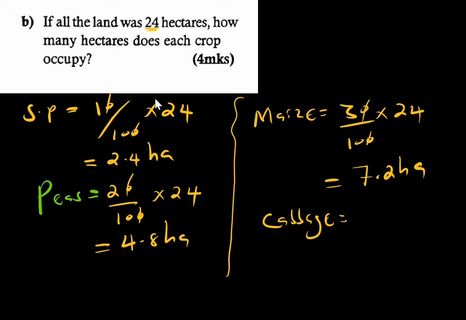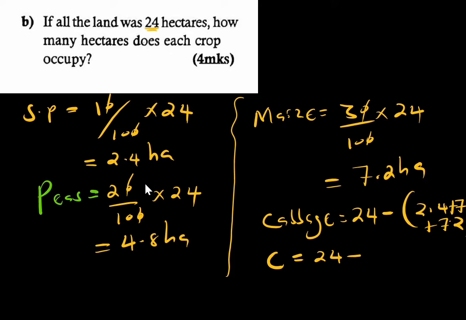So cabbage will be the total acres, 24, minus the sum of the others.